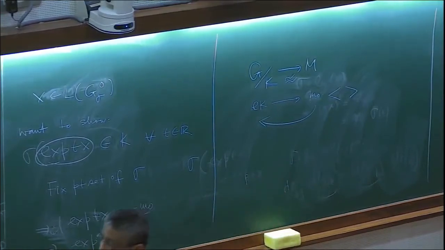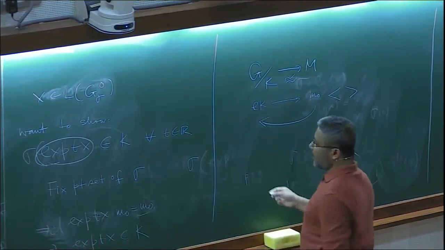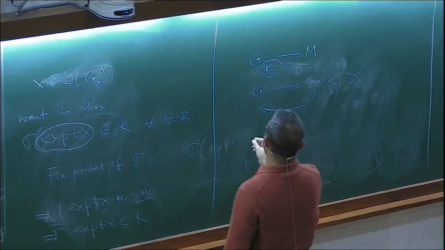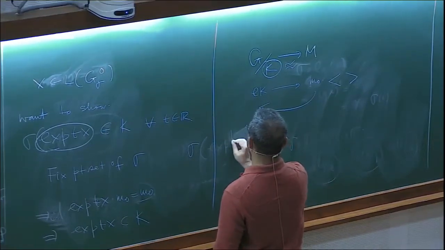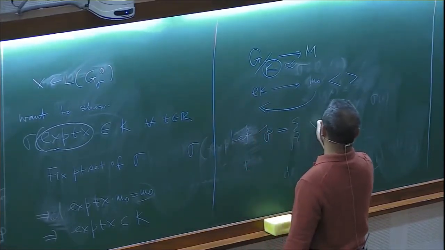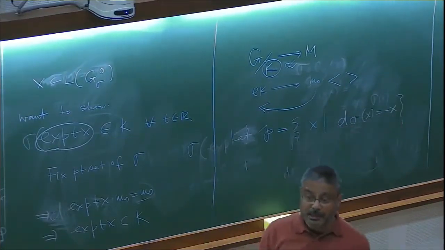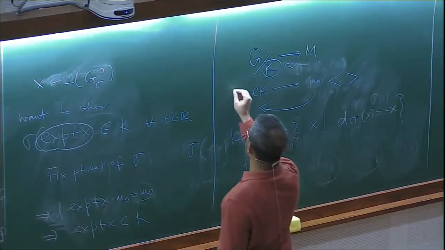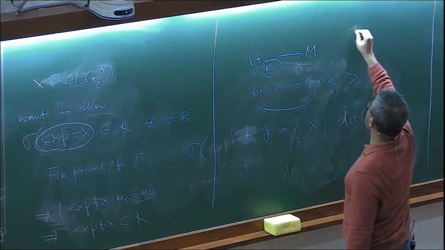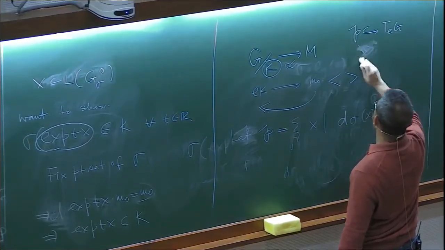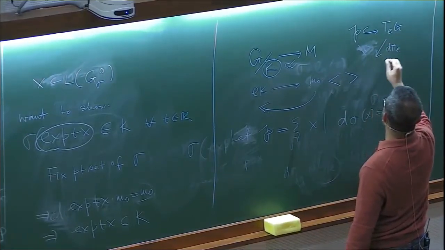So since sigma is an automorphism of the group which is keeping K invariant, the complement of K, let P be the same as before, let P be the set of X such that d sigma of X is minus X. And just pull back the inner product on P. The inclusion of P in TG gives me, via d pi at e, an isomorphism.